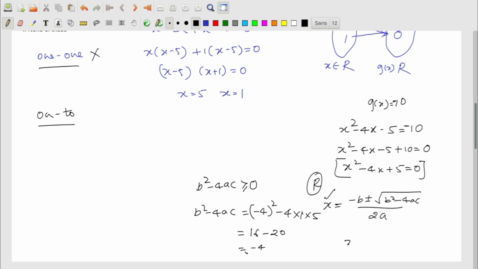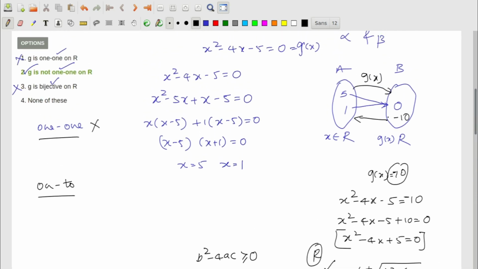So in this case, you will get x is equal to minus b plus or minus root of minus 4 divided by 2a, right? You can substitute the a and b values, but you will be left with minus 4 in the root, and we know minus 4 in the root is an imaginary number, right? So there is no corresponding element for minus 10. If I take minus 10 here, there is no corresponding element in the first set.